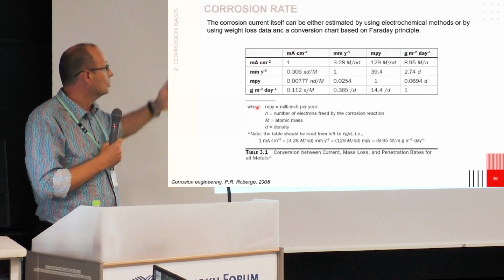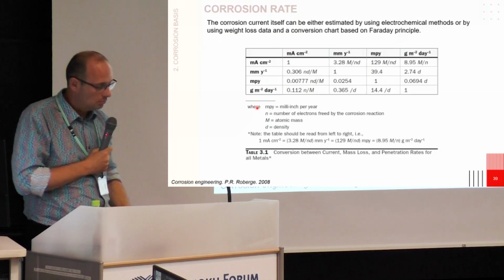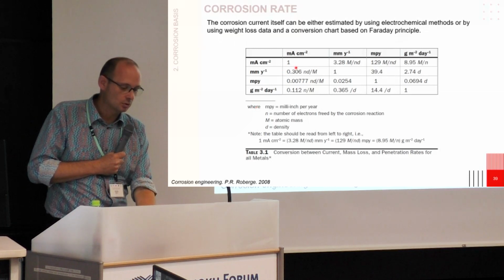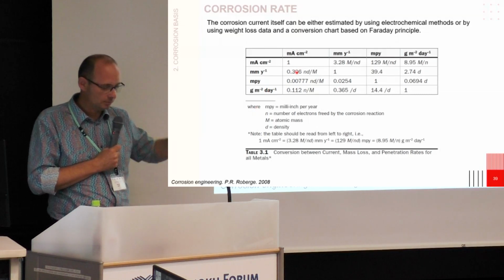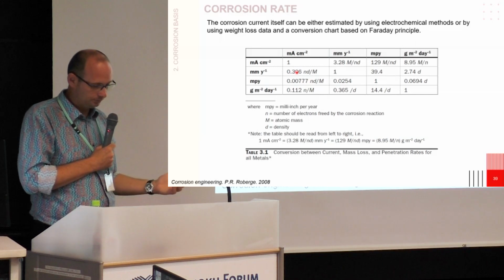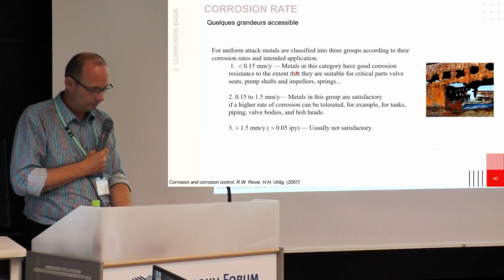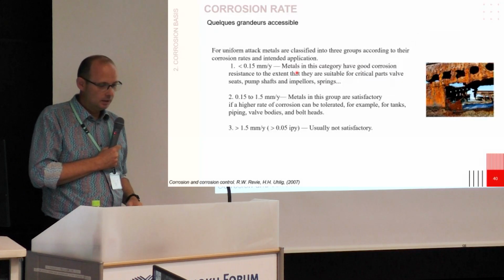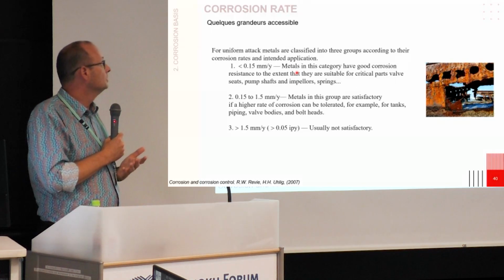Okay, so here you have a kind of chart of conversion between milliamps per centimeter square versus what you could have per millimeter of material loss per year, for example. Okay, you are able to do this.